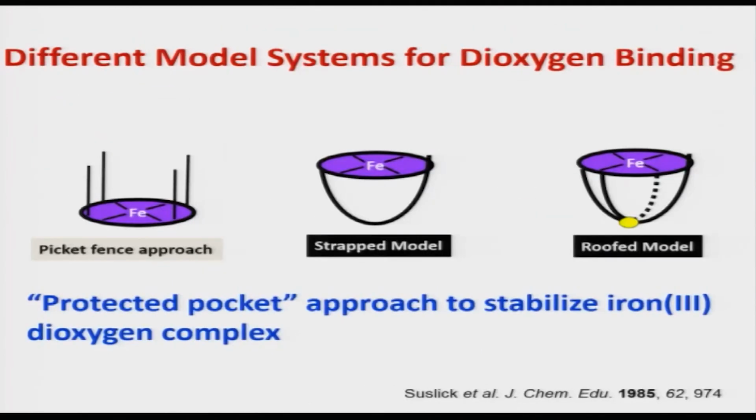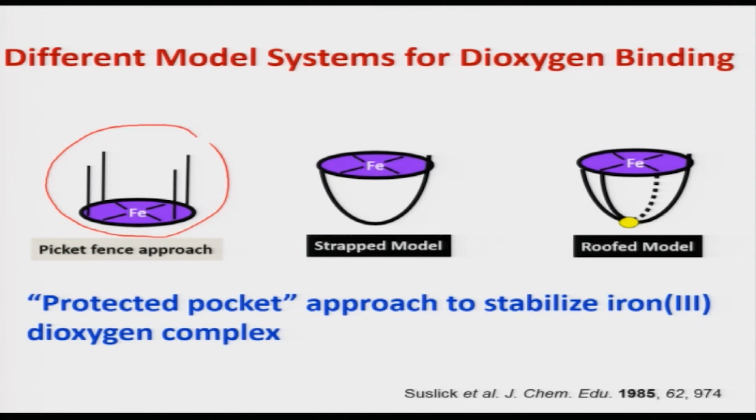Now, there have been several such model systems available in the literature for dioxygen binding, and people have made protected pockets such as the picket fence approach. As shown over here, all the substituents are directed towards the same side of the ring. There is a strapped model also, as you can see that this one side is completely blocked, so that another heme center cannot come close.